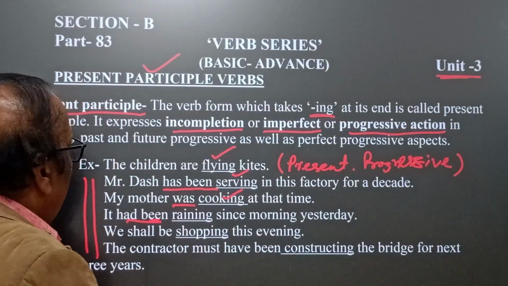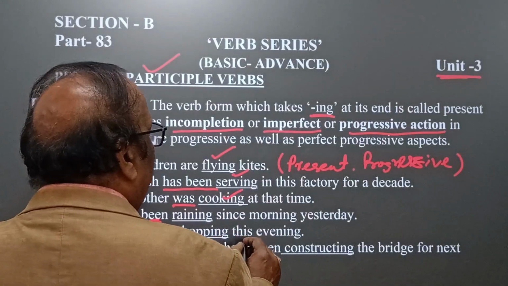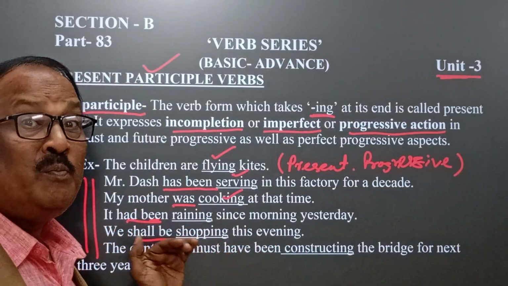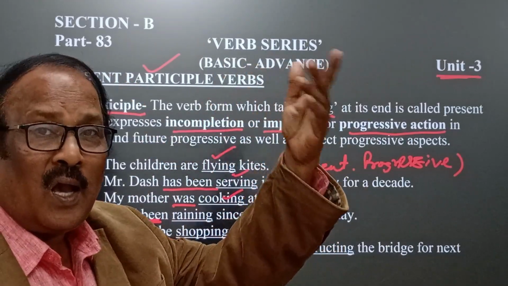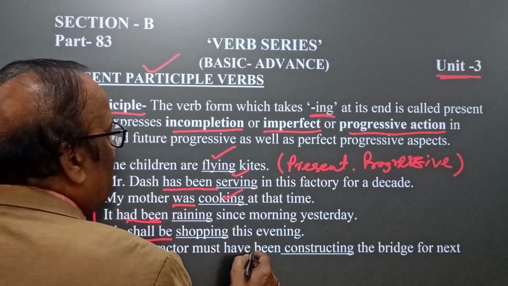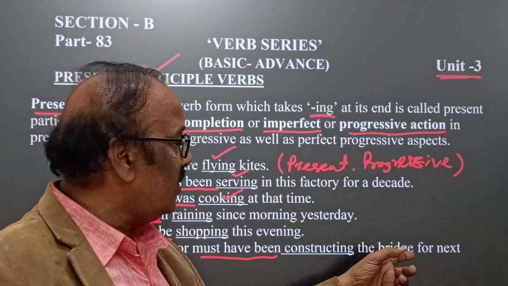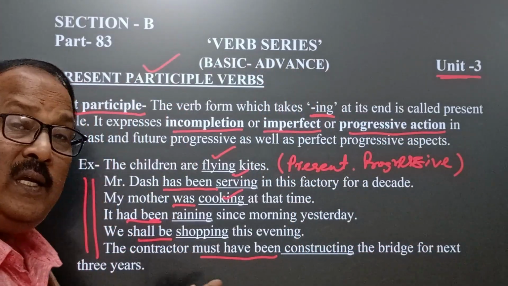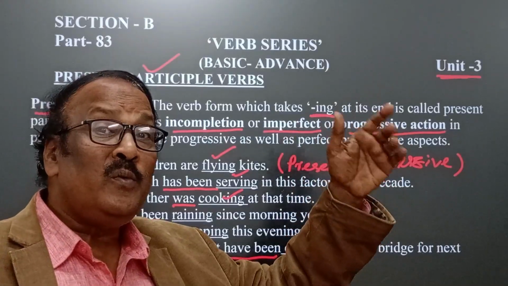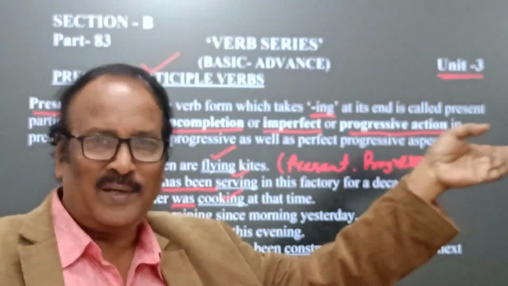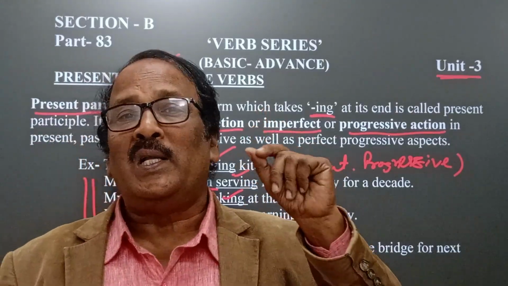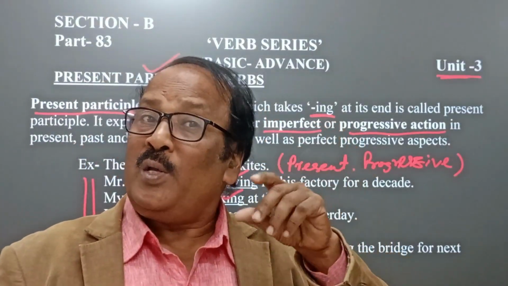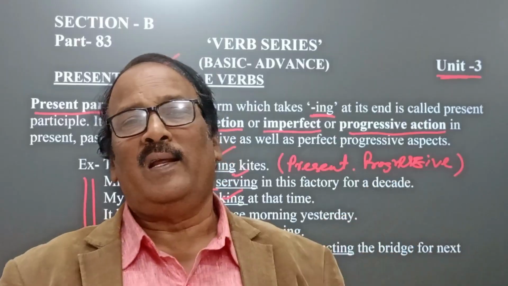Next, we shall be shopping this evening. Here the speaker is expressing the future continuous action. The contractor must have been constructing the bridge for the next 3 years. It means the future perfect progressive action. So here we find that present participle is not used in present tense only.